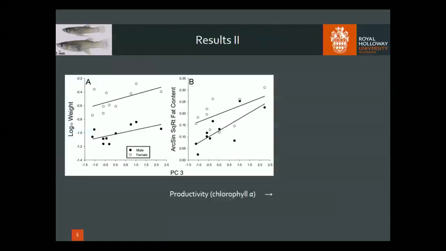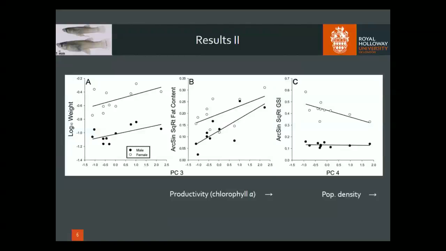And at the same time, not surprisingly, the fish also get into better body condition, measured as body fat. So the more resources are available, or the more highly productive the environment is, the more fat the fish are able to put on.